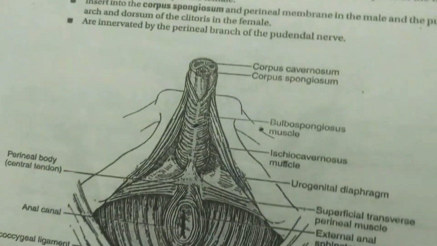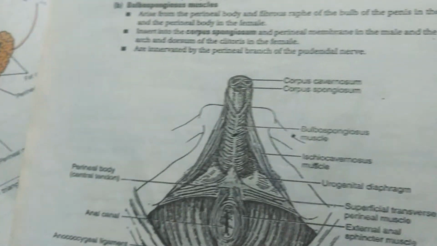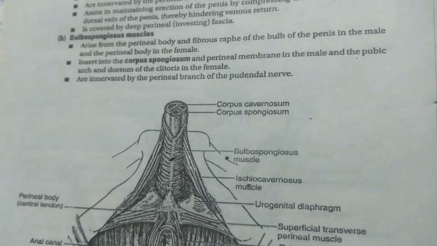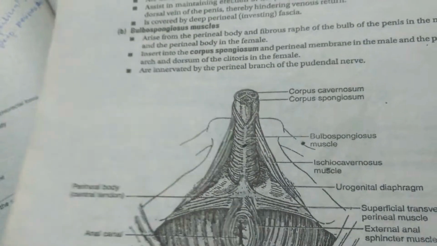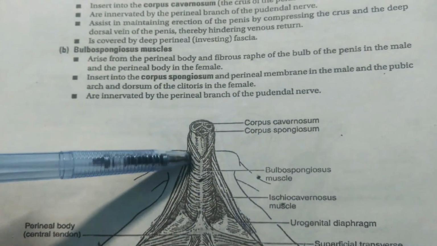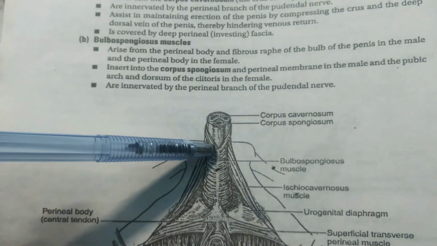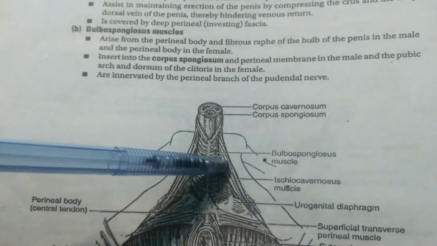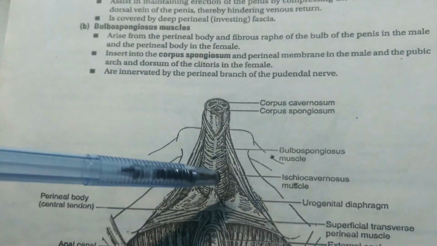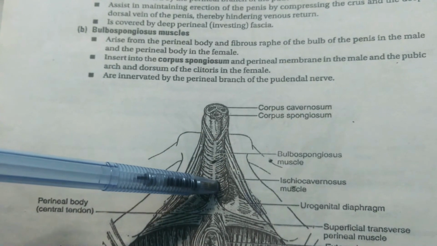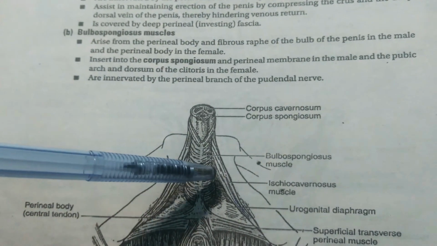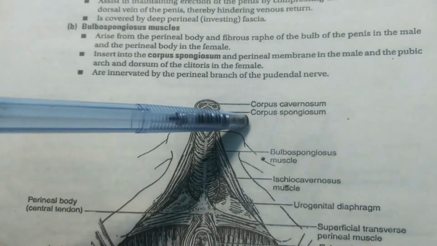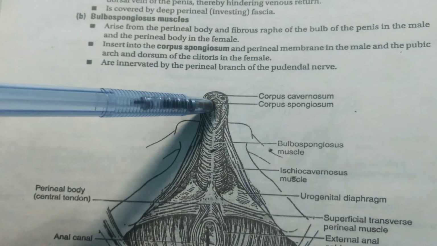Now talking about the bulbospongiosus muscle and ischiocavernosus muscle, which can be seen on this diagram. This is the bulbospongiosus muscle, and this is your ischiocavernosus muscle. The bulbospongiosus muscle is going to insert into the corpus spongiosum, that is over here.